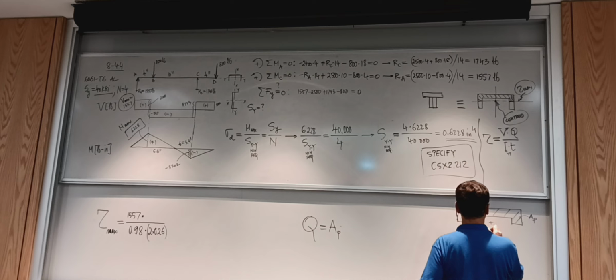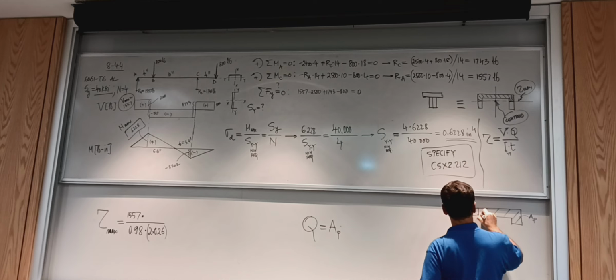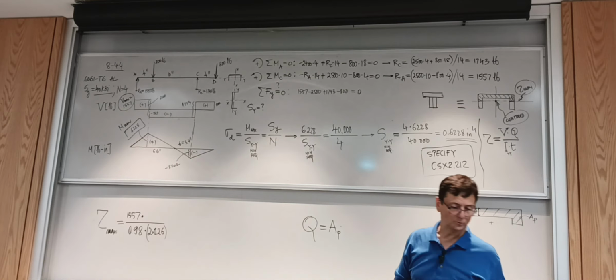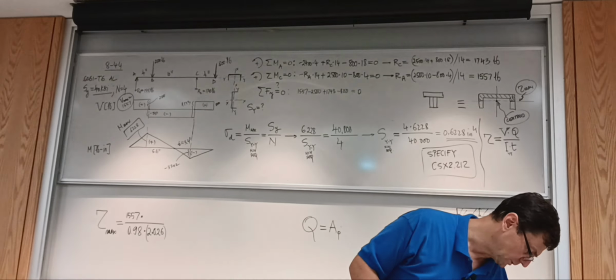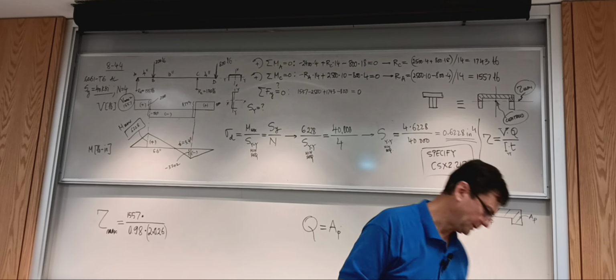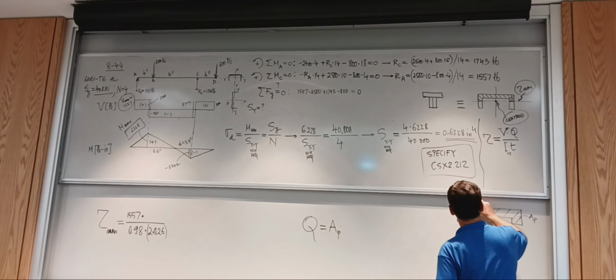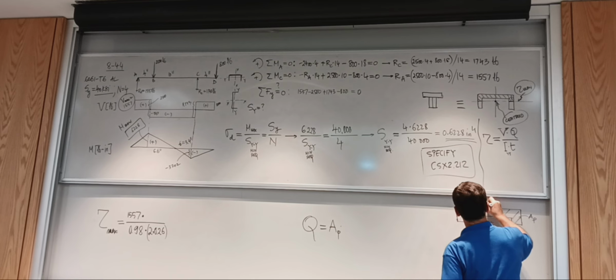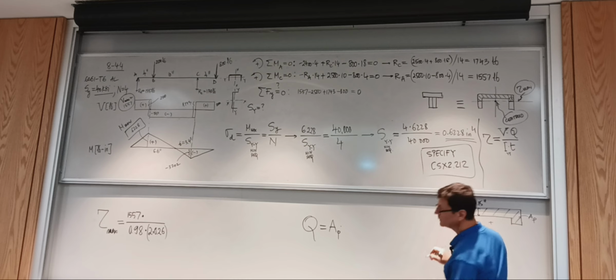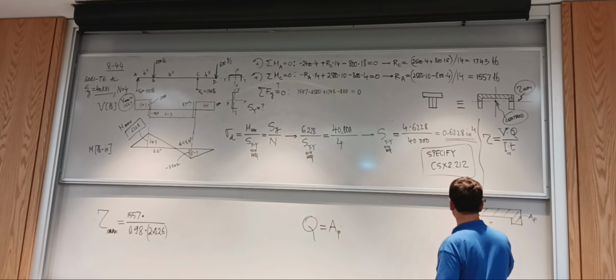And I have the centroid, and this was the web thickness. The smaller value is 0.15, yes, 0.15 inches. This is the 0.26.